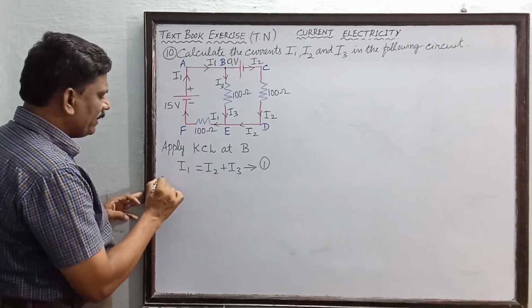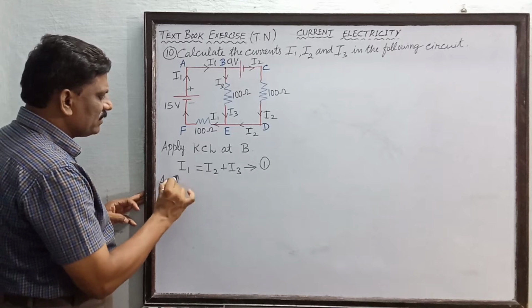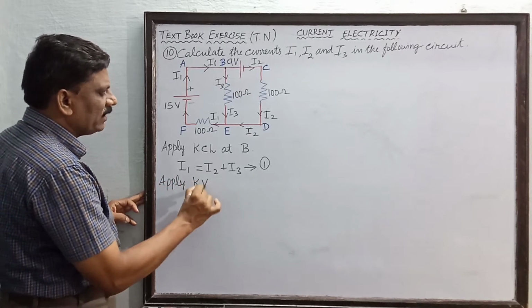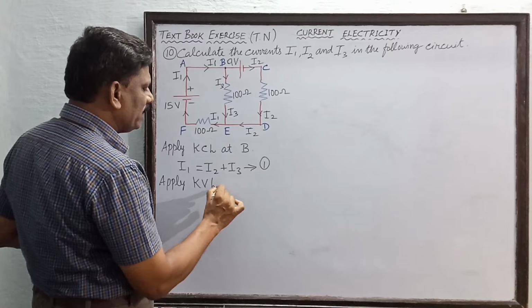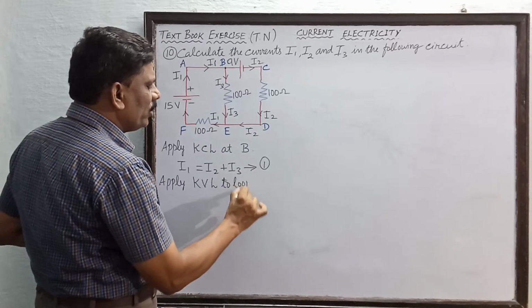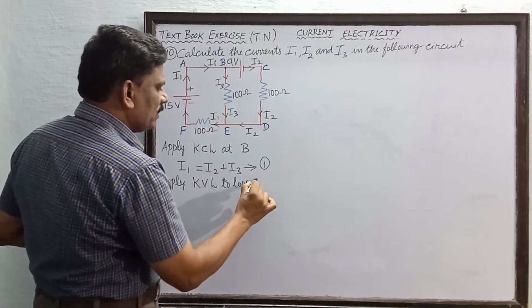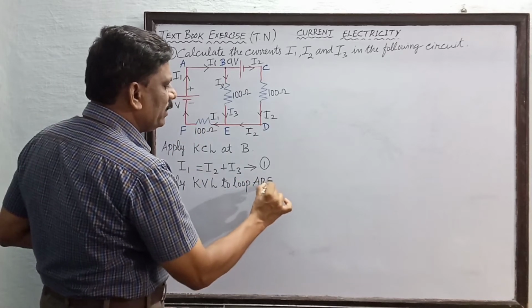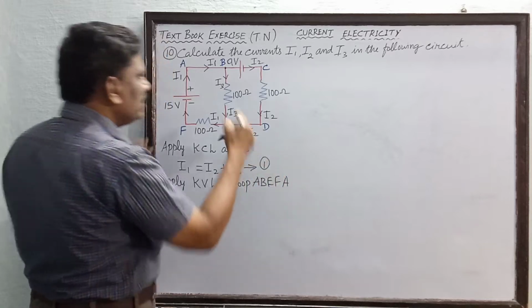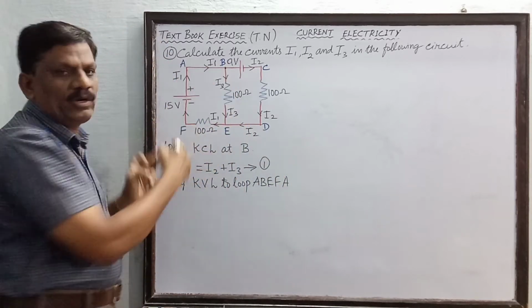Now apply Kirchhoff's second law or voltage law to the closed loop A, B, E, F, A. This first loop is a smaller loop.